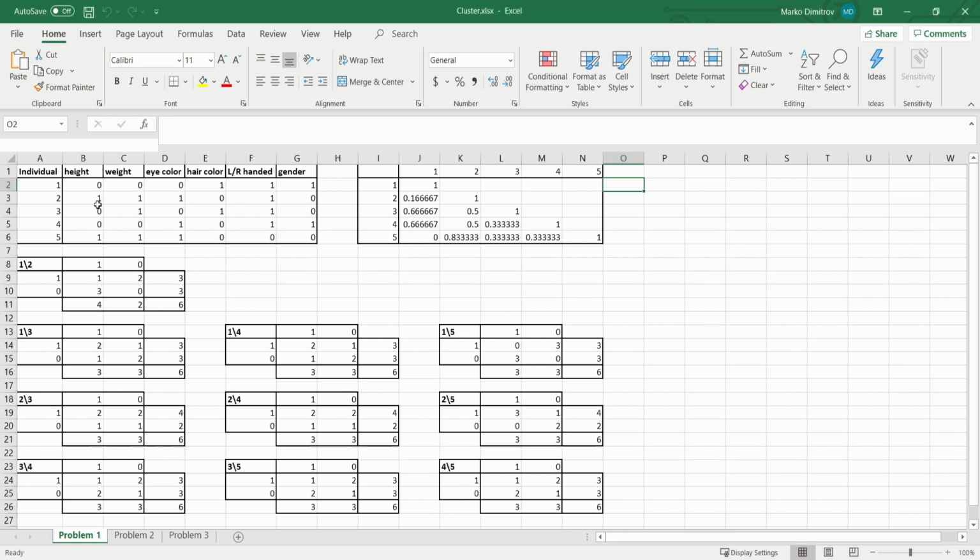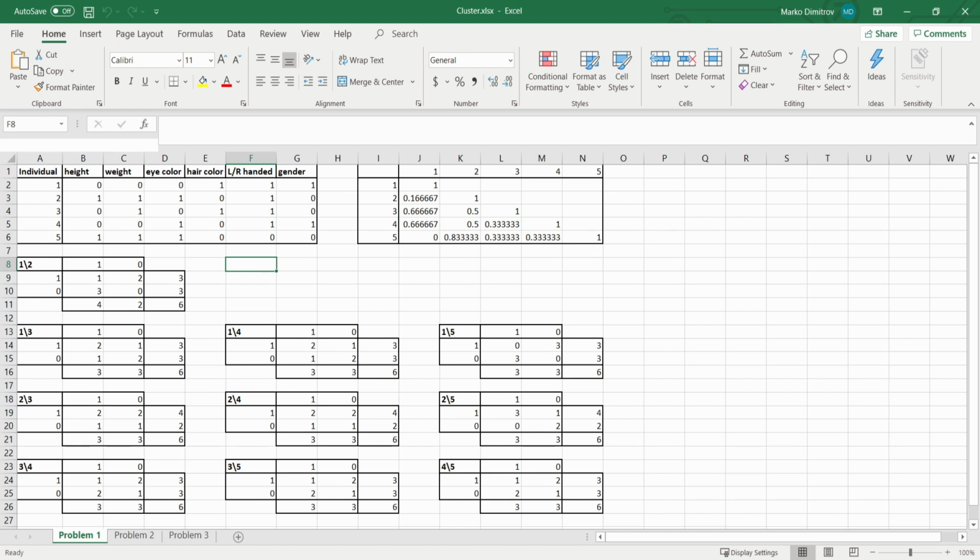Okay, so here we have that data. So we have height, weight, eye color, hair color, fatness, gender. Based on the table that we have, so the data in the book, and the variables, we can now determine if the individual has that characteristic or doesn't.